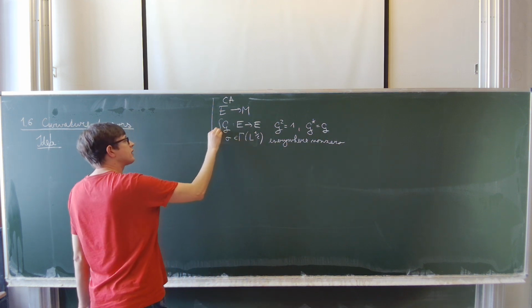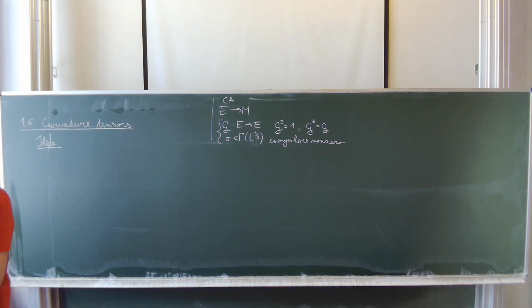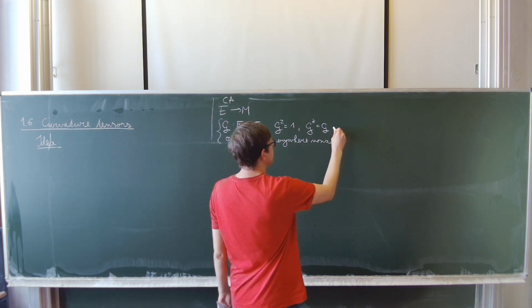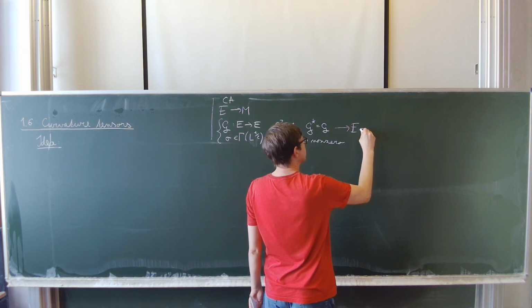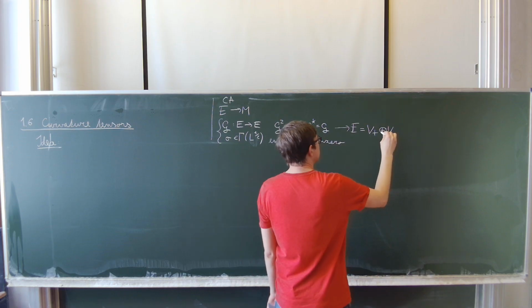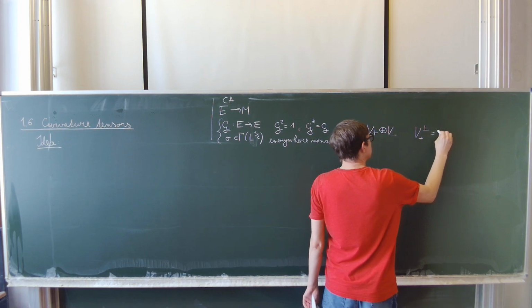These two pieces of data were the ones that in physics corresponded to the bosonic part of supergravity. This incidentally means that we had an orthogonal splitting of E into V plus and V minus. So V plus orthogonal is V minus.